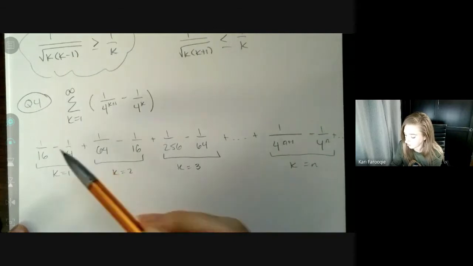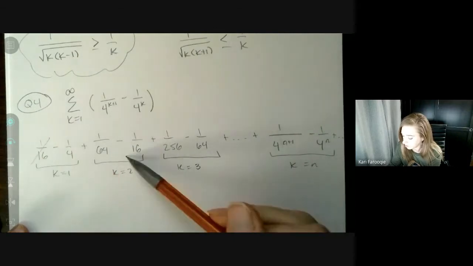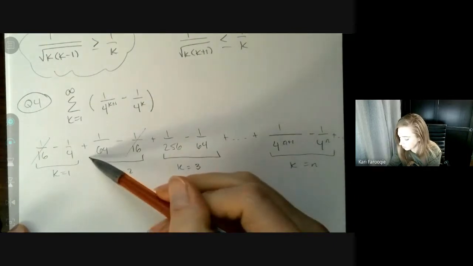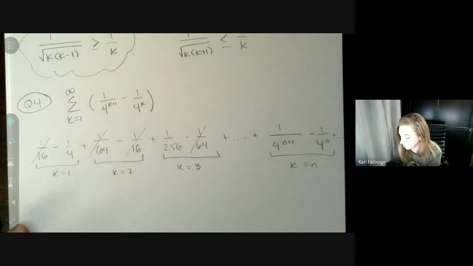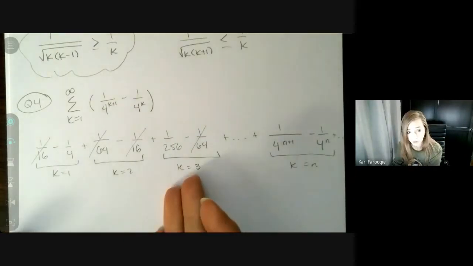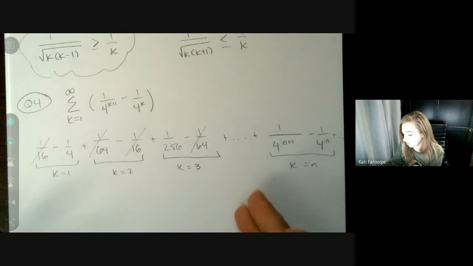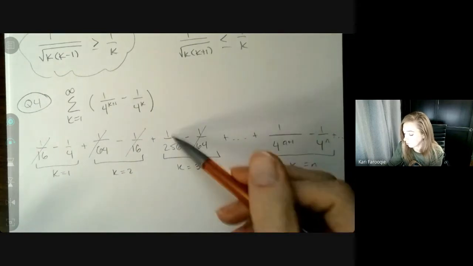And then you can start to cancel things out. So the 1/16 and the negative 1/16 are going to cancel. And then you'll get the positive 1/64 and the negative 1/64 to cancel. If you were to write out the fourth term, you would notice that 4 to the 4th, again, you'd get 256 in the denominator, and eventually that 256 would be canceling out as well.